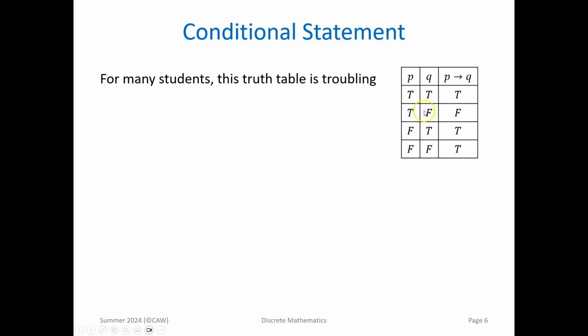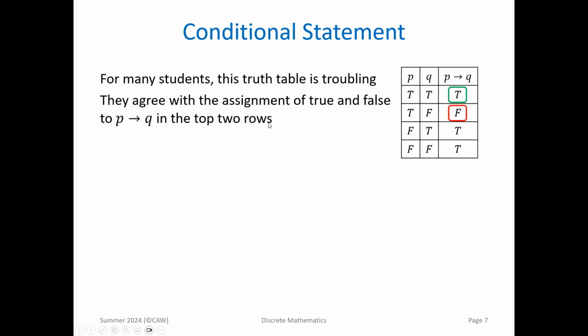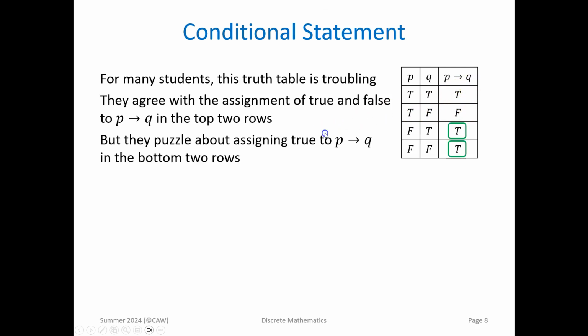But that table, with those true, false, true, true assignments, is often troubling to students. Students will agree with the assignment of true and false to the first two rows. P true, Q true: okay, P implies Q should be assigned true. The second row, P true, Q false: as I just mentioned, we want to assign false to P then Q. That's all comfortable.